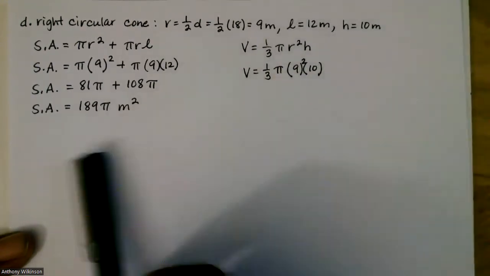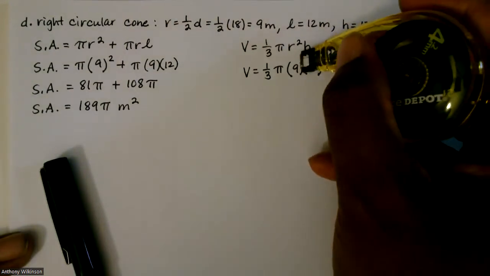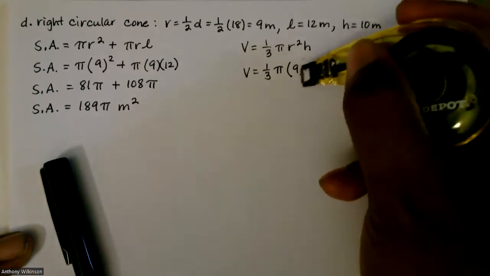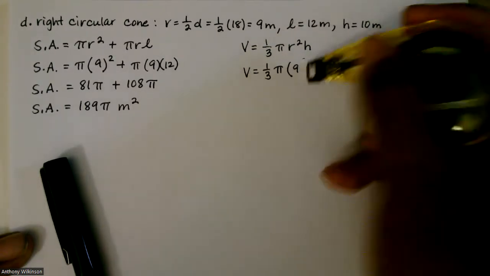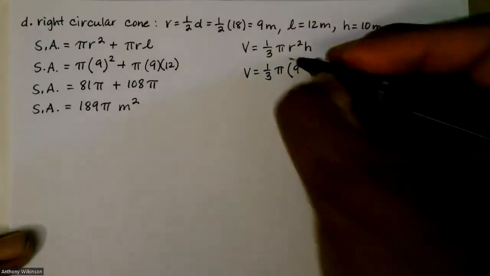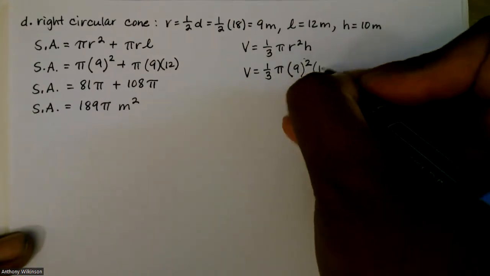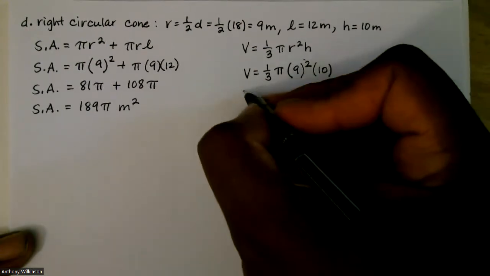Oh, and that 9 needs to be squared, because it's the radius squared times the height.